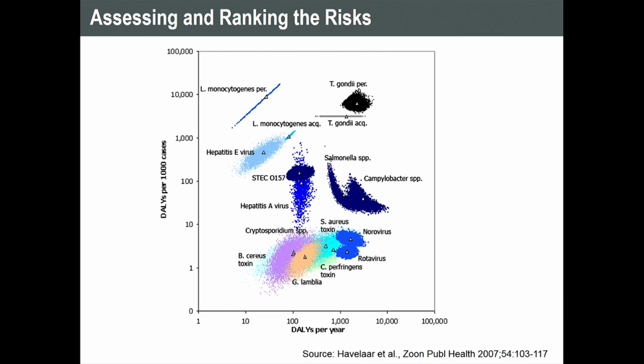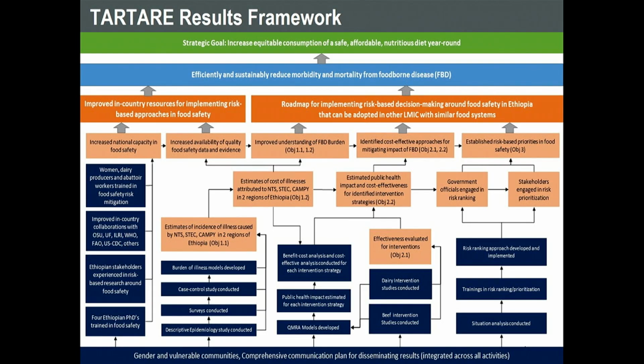But if you were going to look at number of illnesses, you might be looking at norovirus and Campylobacter to focus your efforts. So here's a very complicated graphic. I'm not going to spend much time on it, just that this is the results framework for our project. There's a lot of moving parts in it, but I'm going to go through our methods for the three main areas and then the capacity building.